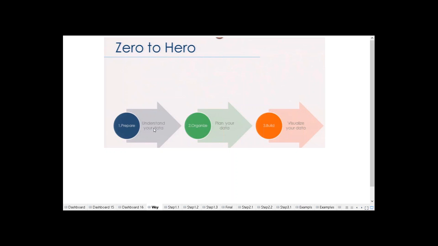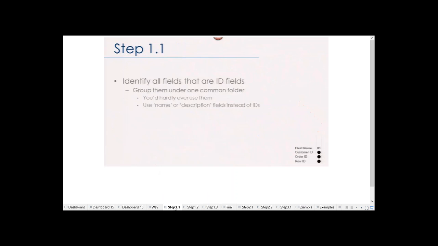If we connect to any data source, Tableau will segregate the fields in the data source in the form of dimensions and measures. One good practice is to identify all the ID fields in our data and group them under one common folder.